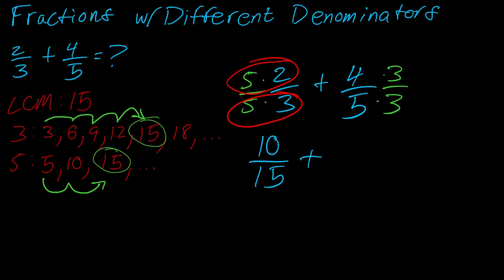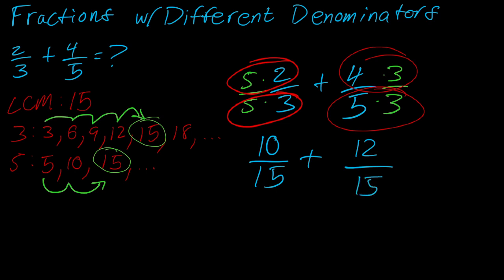Now we go to the right, and we see that we have 4 times 3 in the numerator, so we have 12. And then finally we have in the denominator over here, 5 times 3, which is 15. And would you look at that, our value of 15 that is our new denominator is exactly what our lowest common multiple is. So as I said before, they're both the same value.